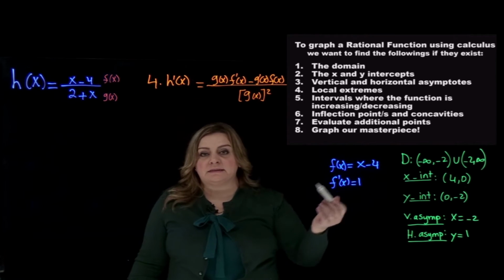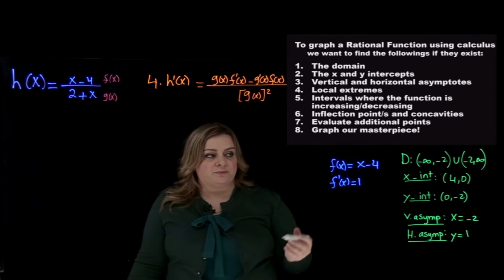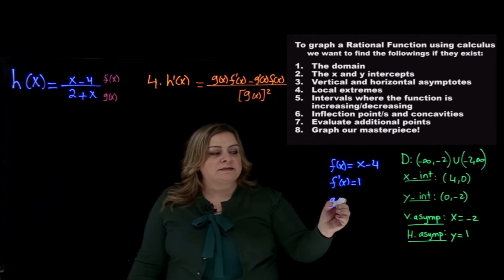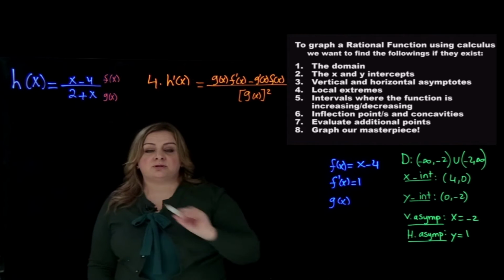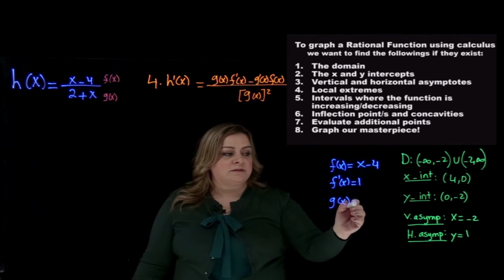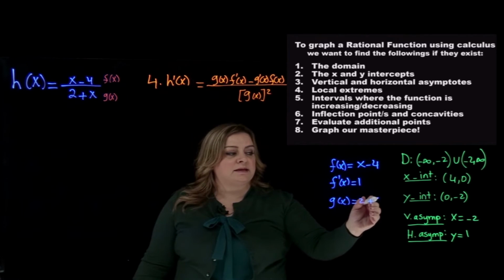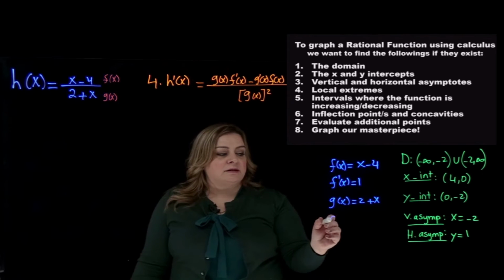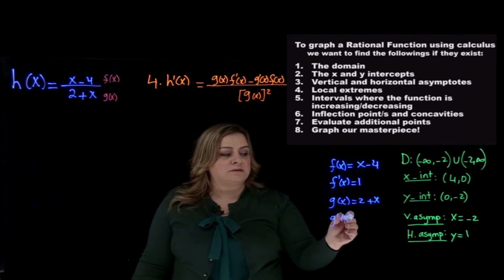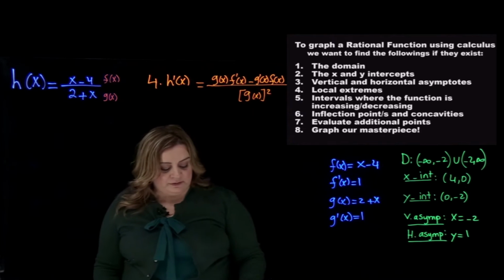Negative 4 is a constant, and the derivative of a constant is 0. I let g of x equal 2 plus x, so I will state that here, and g prime of x is going to be equal to 1.